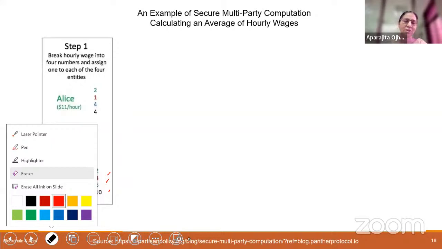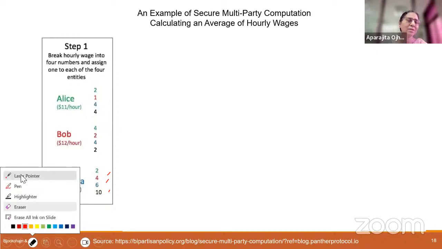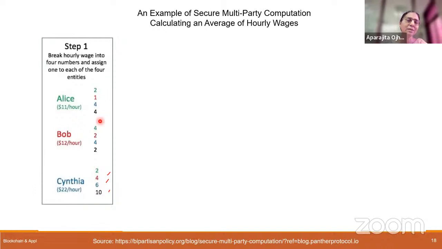Think of this trusted third party not as a manual trusted third party, but here let us assume that this trusted third party is there. The trusted third party will also not have any information. So you can see that this is green, this second green, and the third green.